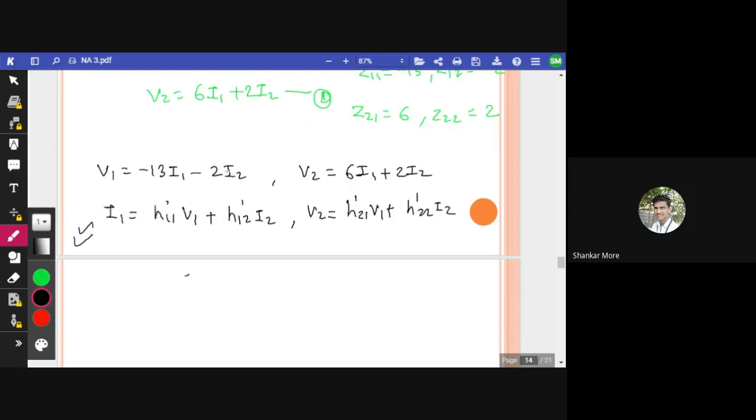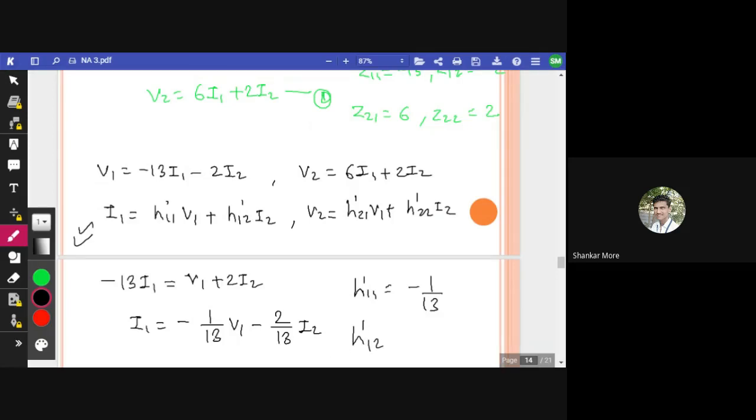I'll transfer this 2 I2 to the left side, so it will be minus 13 I1 is equal to V1 plus 2 I2. Then I1 will be equal to minus 1 by 13 V1 minus 2 by 13 I2. So h'11 will be equal to minus 1 by 13 and h'12 will be equal to minus 2 by 13.